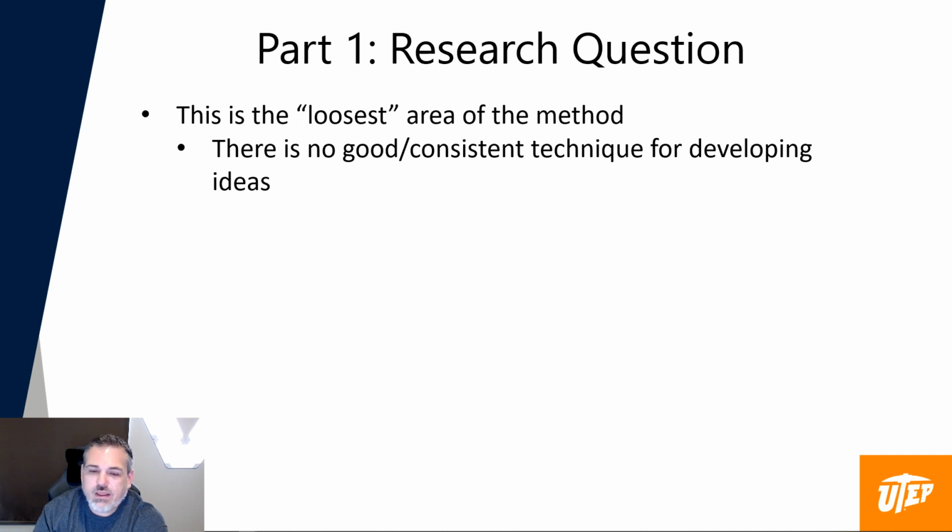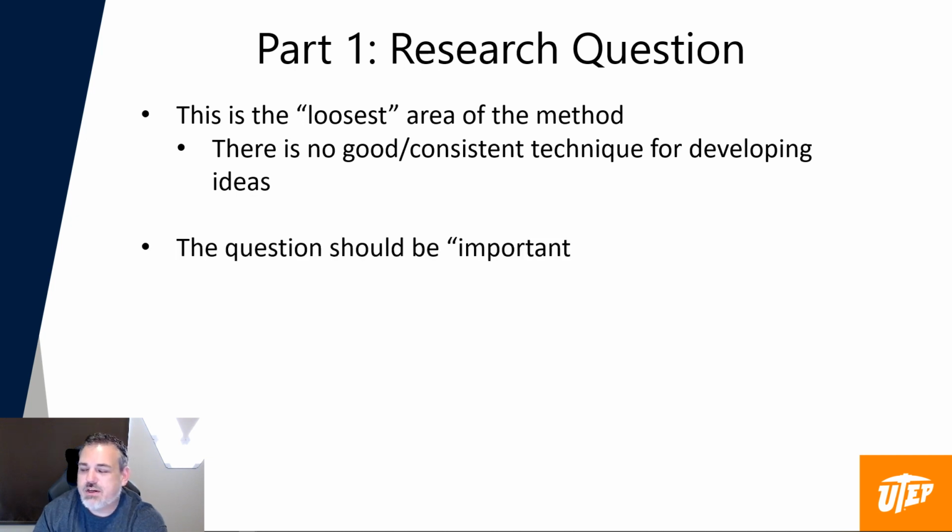Another really difficult part of coming up with a research question is the question has to be important. I'm never actually sure what this means. I think a lot of research that other people don't find important is important. And so this ultimately becomes very difficult to define.